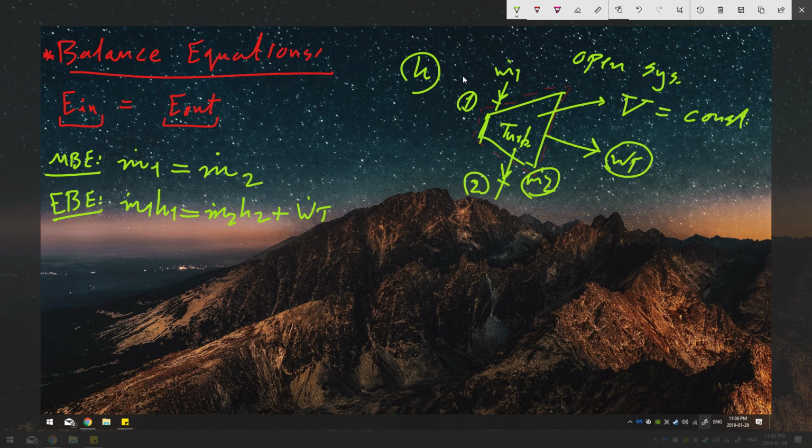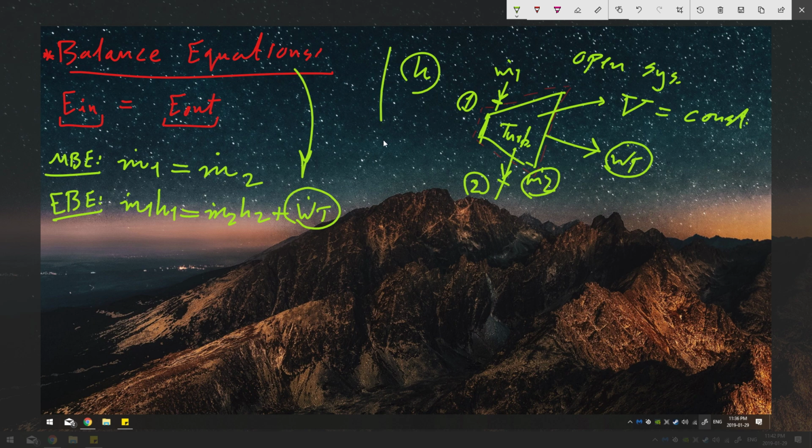It kind of gets a little weird at the beginning to go through the thermodynamic tables. I'm going to go over that in another video. However, it is very, very simple. All you need is a little bit of information. You can figure all of this out and you can find the work of the turbine itself. That's why we use the balance equations, because they help us analyze and find values that we want, right?